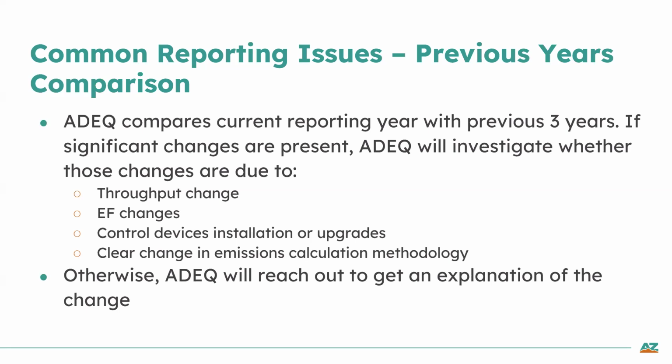If changes in emissions cannot be explained by changes in these parameters, we will investigate to find the root cause and return the report for you to make adjustments. Making sure changes in emissions have valid reasons speeds up our quality assurance process and reduces, if not eliminates, extra work you have to do for the report to pass quality assurance.